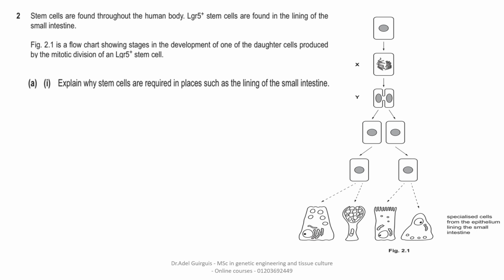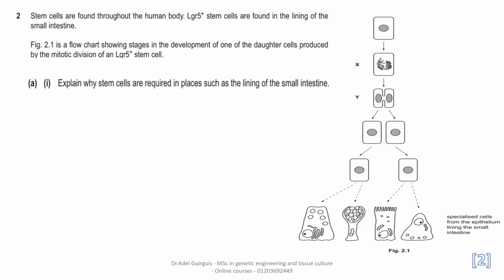The cells age, the cells die, and must be regenerated. So stem cells are present in the lining of the small intestine. They are required to regenerate, to compensate for cells lost due to digestion.